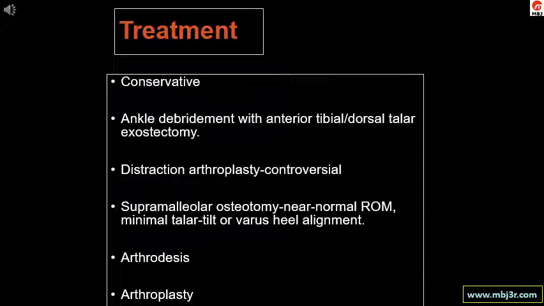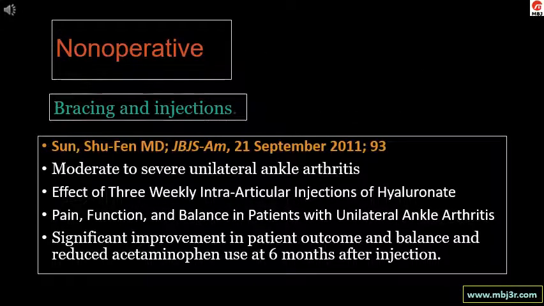Supramalleolar osteotomy is done in case of limited arthritis with a malaligned ankle, and there should be normal ankle range of movements. Arthrodesis and arthroplasty are the common treatment options for end stage ankle arthritis. Non-operative management, although not as successful as operative management, includes bracing and injections.